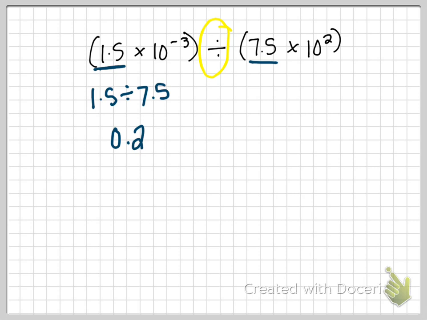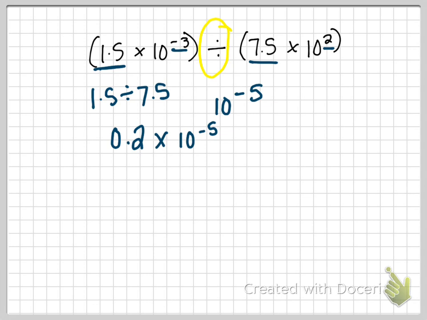7.5. Okay. And then with our exponents, we're going to do -3 minus 2, which gives us 10 to the -5th. Okay? Then we have to change this to scientific notation. Wait, how did you get that? That doesn't make sense. So we're dividing, right? And when we divide, what do we do with the exponents if the bases are the same?